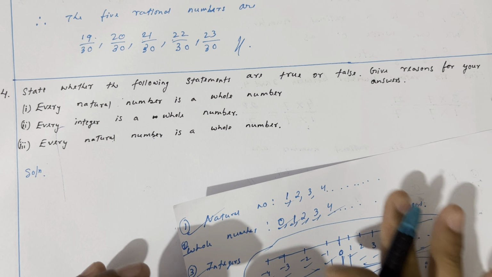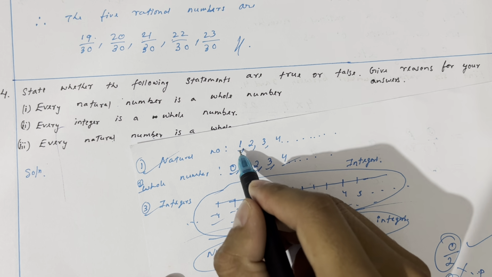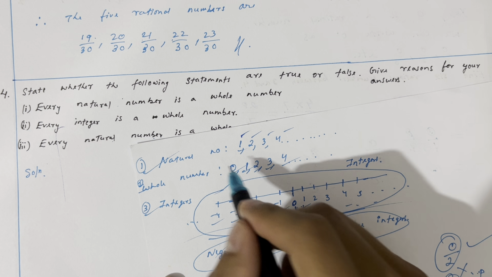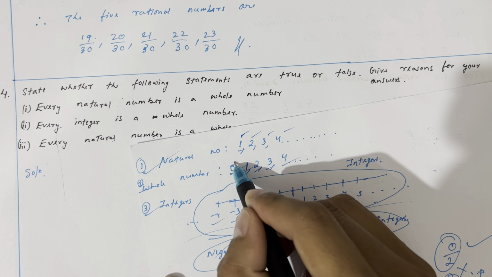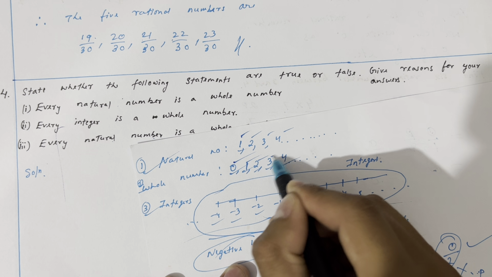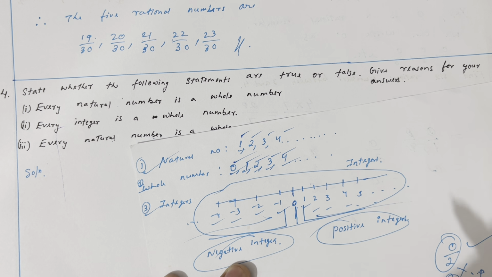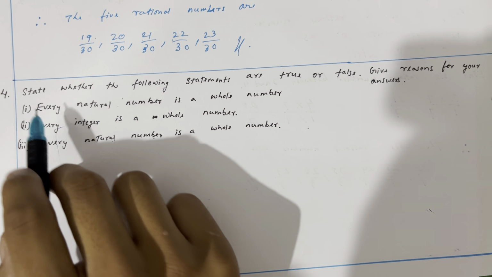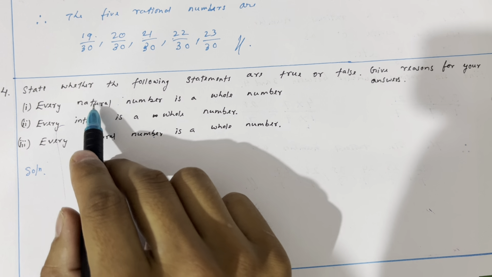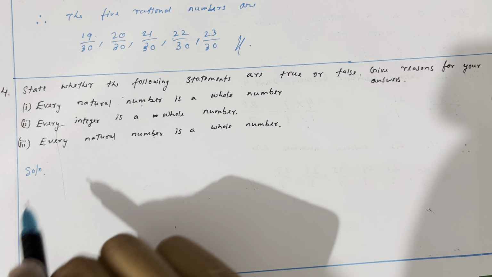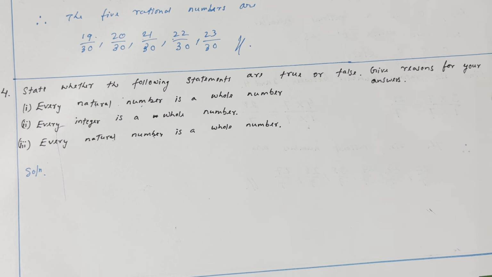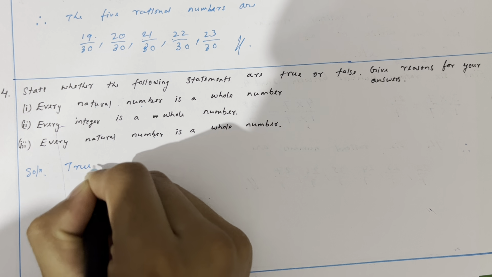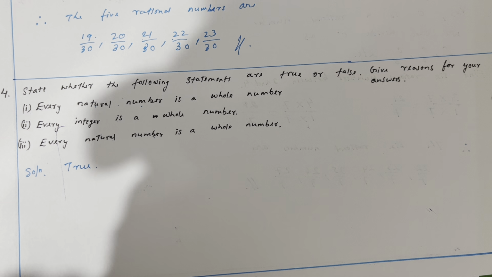Natural numbers are 1, 2, 3, 4. Whole numbers are 0, 1, 2, 3, 4. Okay, clear now? Question number 1 says that every natural number is a whole number. Is this true or false? True. Actually this is true. You write here true. What is the reason?